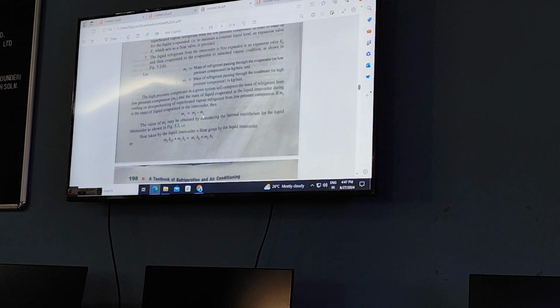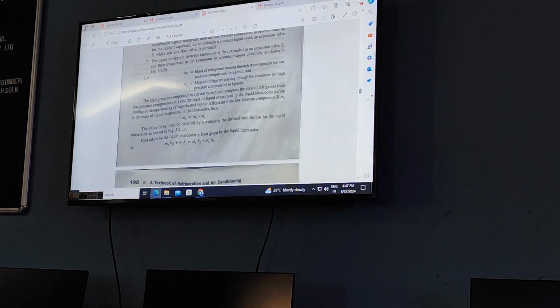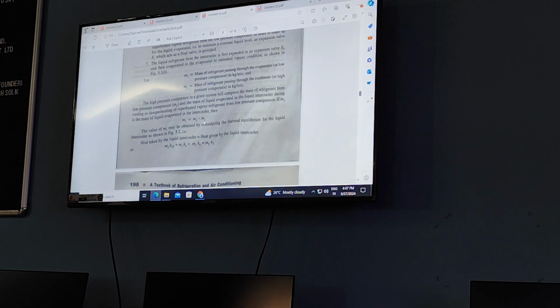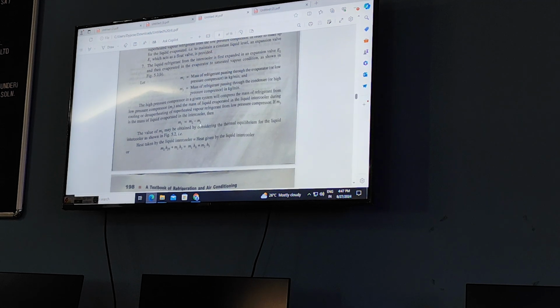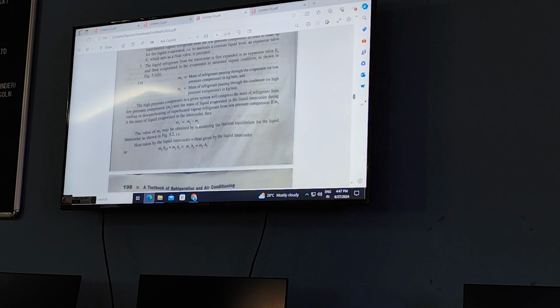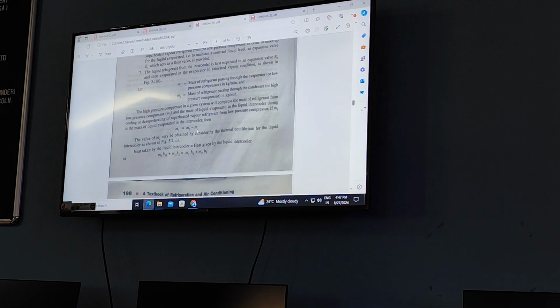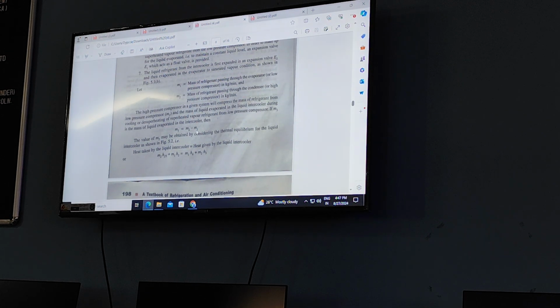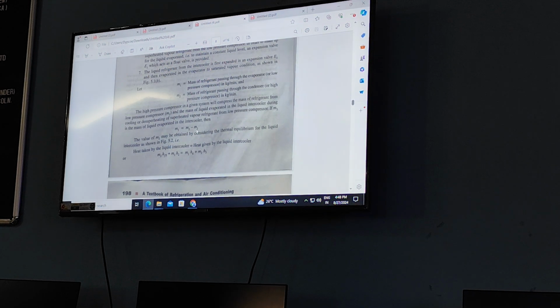Most of the liquid refrigerant will evaporate in the flash chamber itself. What is our target? Our target is the evaporator, not the flash chamber, right? That's why such systems are suitable only for refrigerants which have a high latent heat of evaporation, like R22 and ammonia. Ammonia is the most suitable for this. Okay?